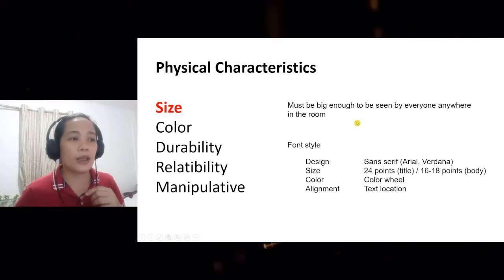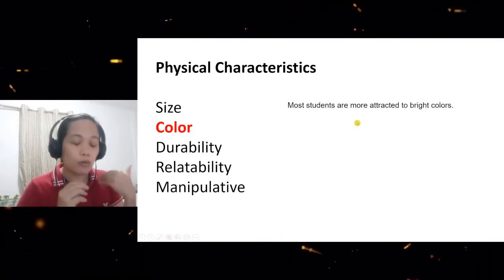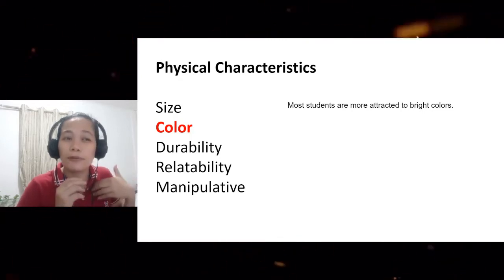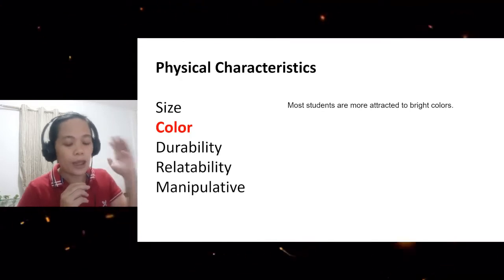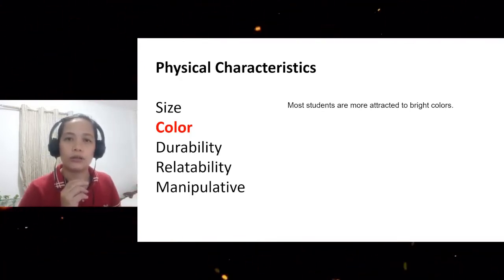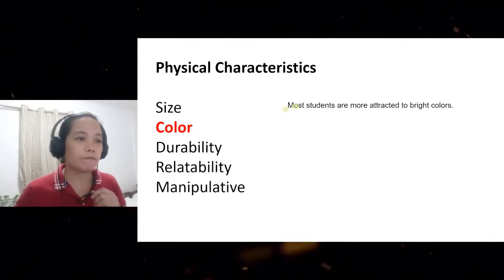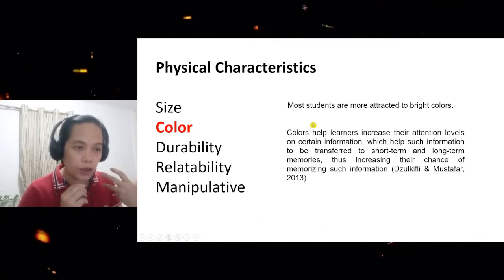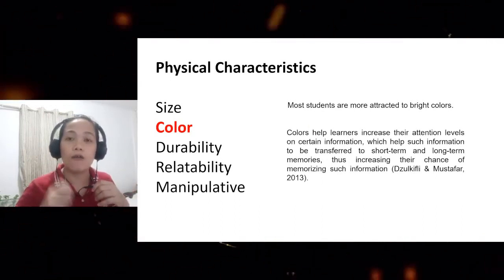Next is the color. Most of us, not only our students, are really attracted to bright colors. We can give direct attention when we see bright colors. However, colors help learners increase attention levels for certain information.